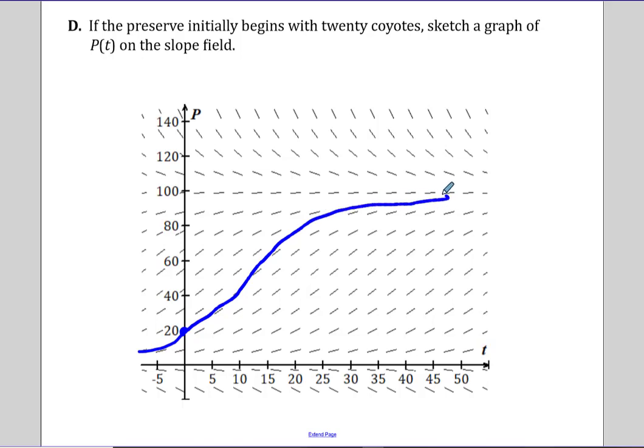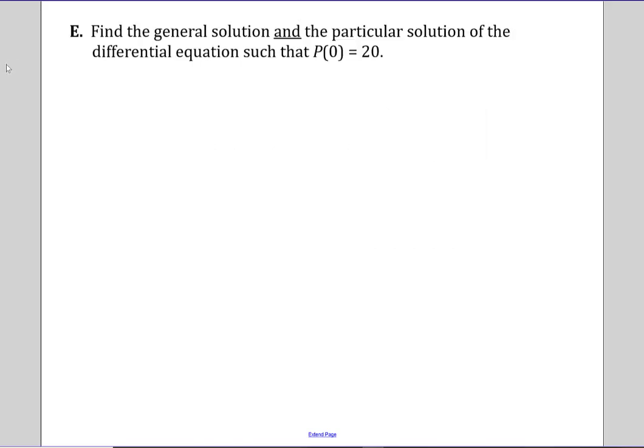So we have some kind of an estimate here with 20 being our initial value. And now we want to find that general solution and the particular solution if we started at 20.